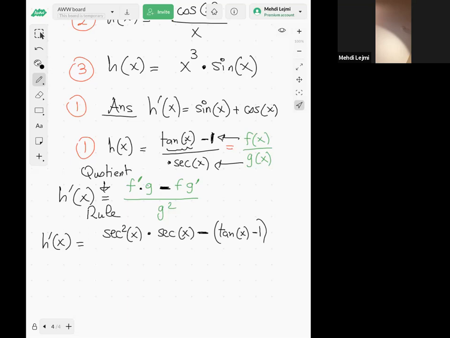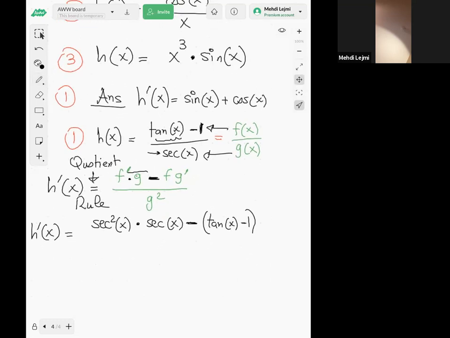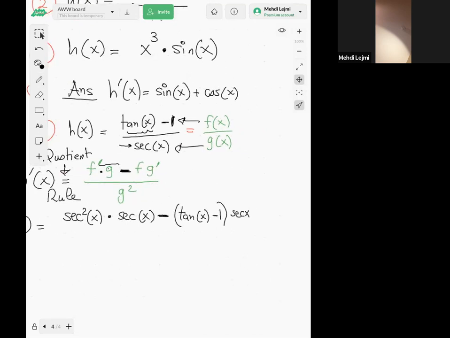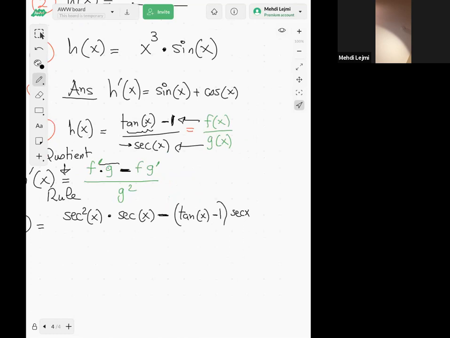If you check our formulas, the derivative of secant of x is secant times tangent. So this is times secant of x tangent of x. And of course the whole thing is divided by g squared, and g is secant of x, so it's secant squared.